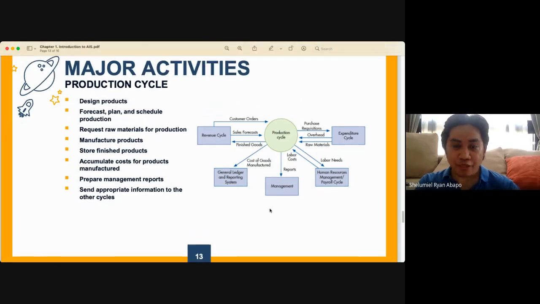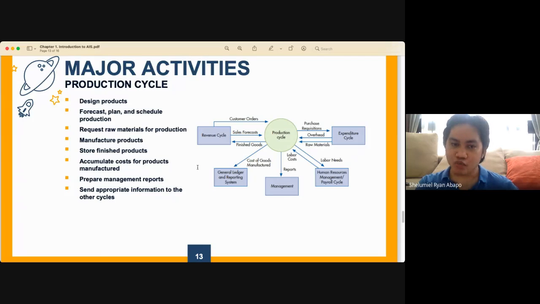Okay. The production cycle, if you notice, may diagram yan, it starts with designing of products and then creating forecasts of the sales forecast for the month or for the year para ma-set na ninyo ang inyong magiging estimated items to be manufactured for the period.